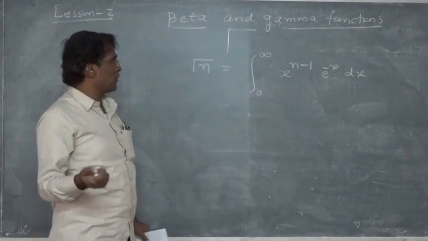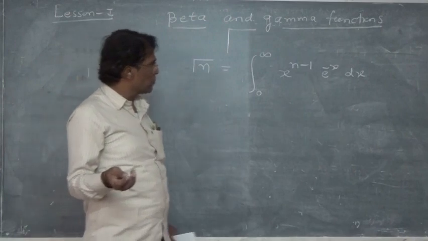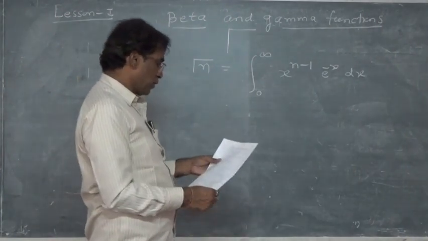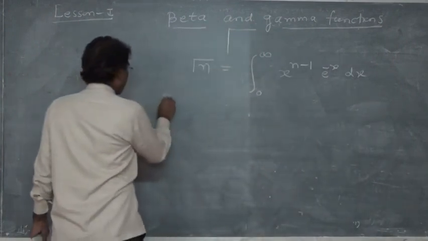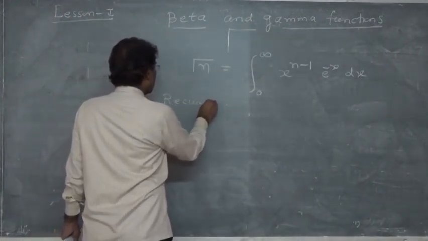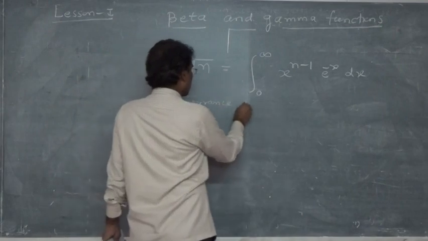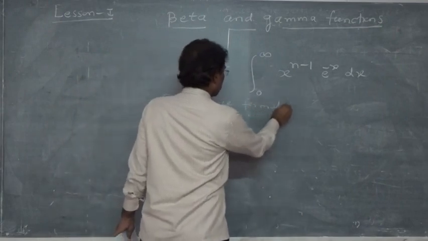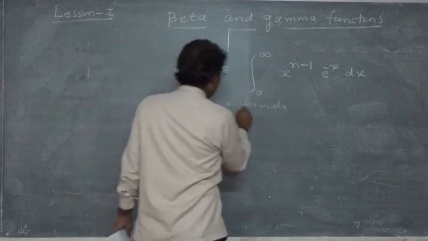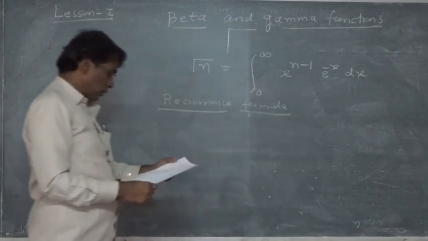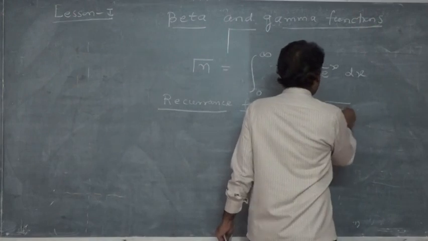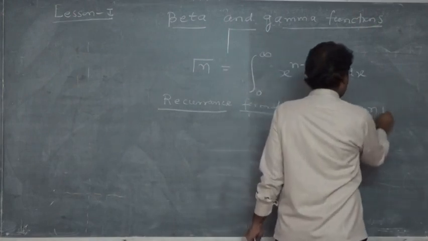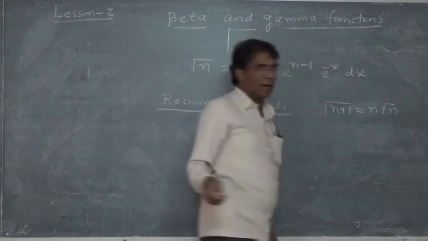Now based on this definition, there are certain theorems that you have to prove. First of all, I will derive the recurrence formula. What is the recurrence formula? We have to derive gamma n plus 1 is equal to n gamma n.